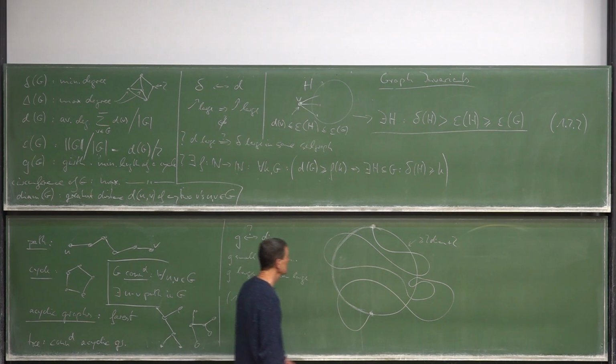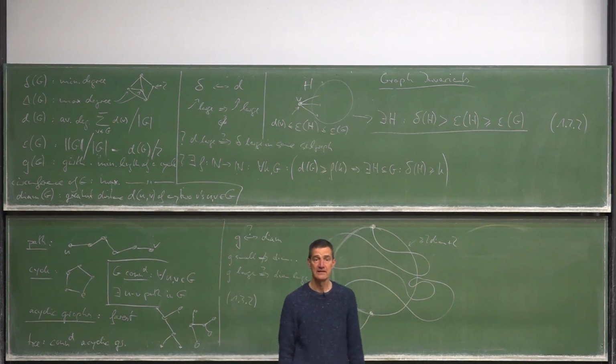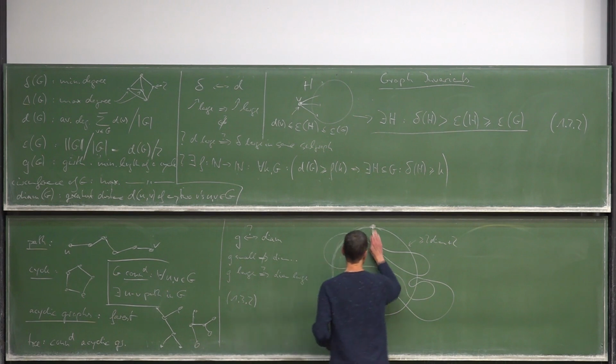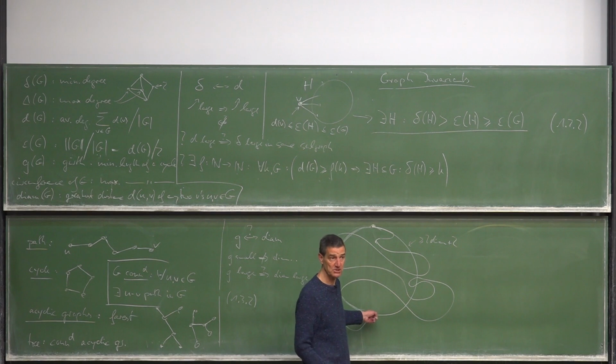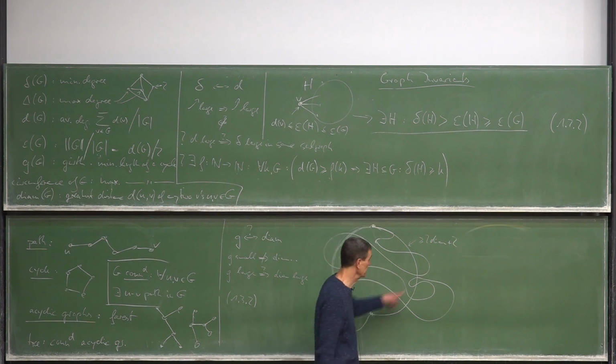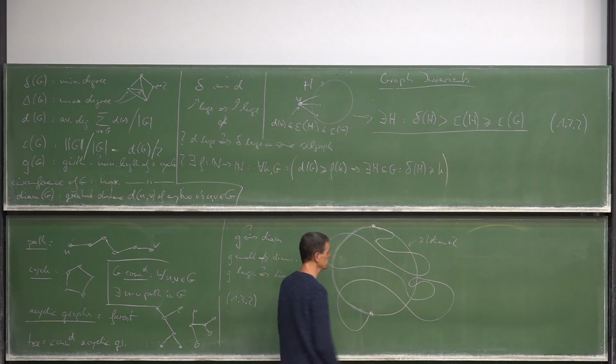Okay. It starts on the cycle, it ends on the cycle, and it sort of maybe goes along the cycle for a little bit, and then it leaves the cycle, and then it can't go along the cycle all the way, because then it would be too long. Right? Along the cycle, this length is diameter plus 1 by definition, at least. So this path is shorter, so it has to leave the cycle. It has to be different from half the cycle.